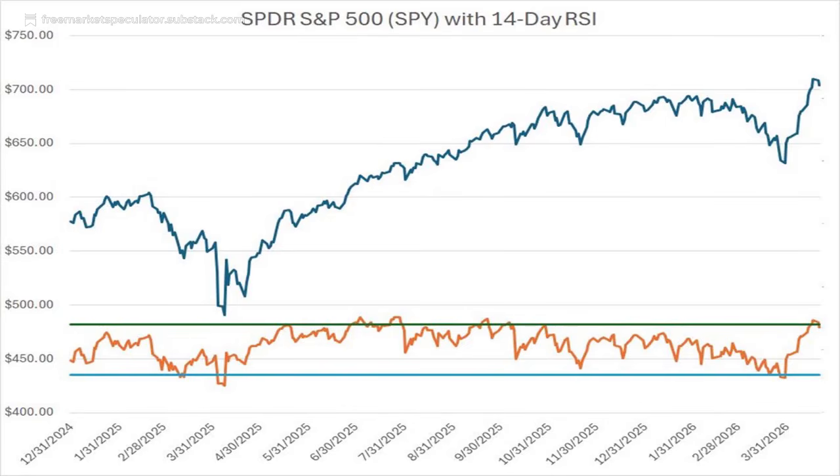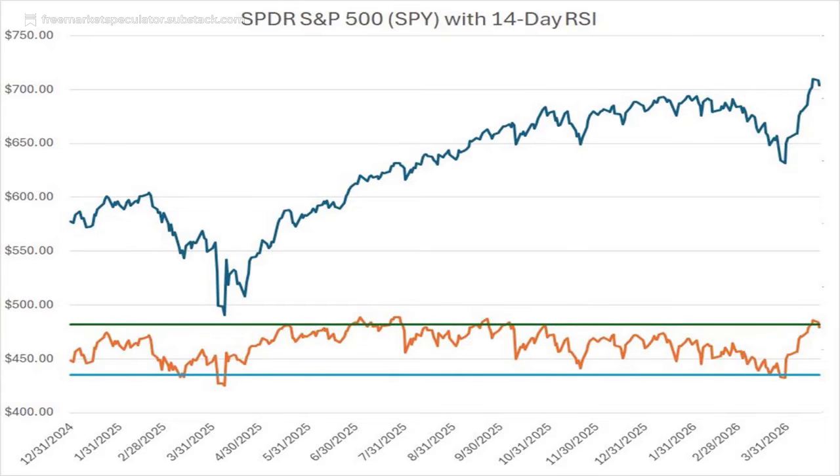Now 14 days is the most common calculation you'll see for RSI by far. That's the one initially specified by Welles Wilder, who invented it back in the late 70s. Though I personally also look at the faster 9-day RSI, as I'll show you in a minute.